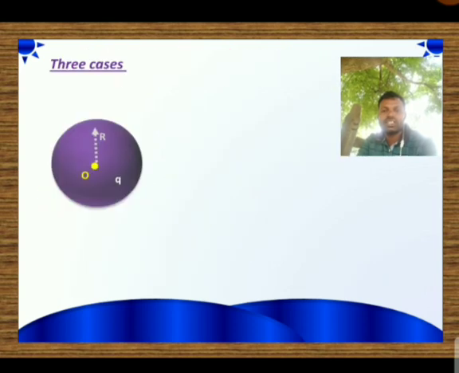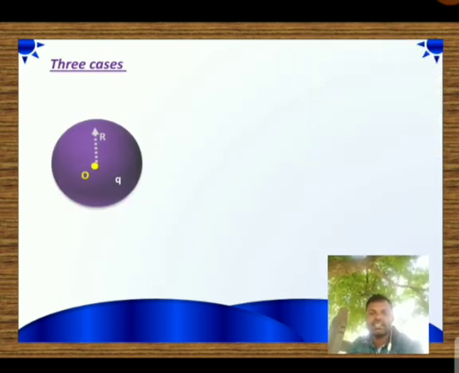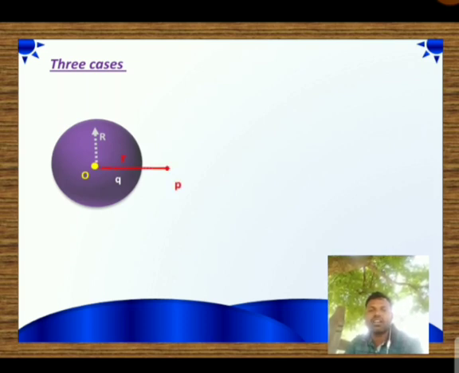Now see here, 3 cases I said you will get. What are these cases? Let us suppose, see here, here is my sphere, the center of my sphere is O, the radius of the sphere is R, and there is a charge q which is distributed uniformly. Now there is a point P at a distance r outside the sphere.